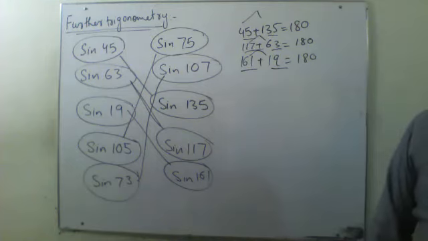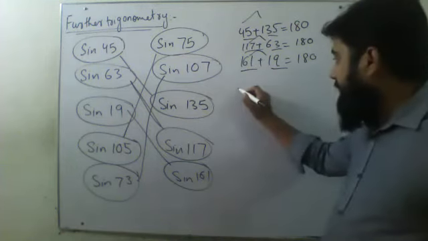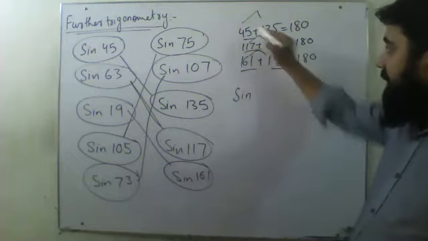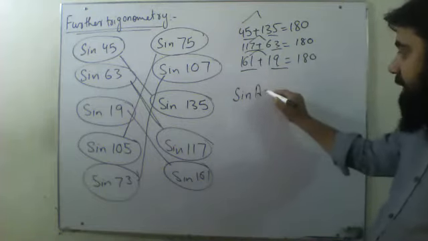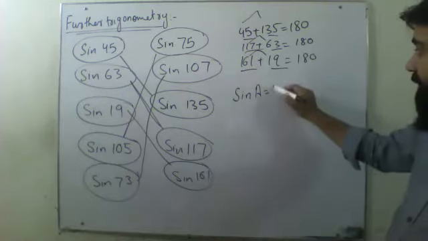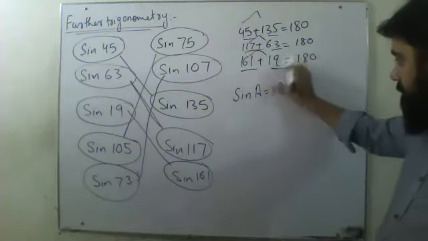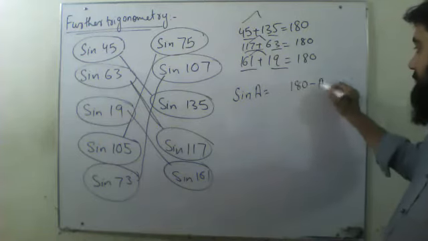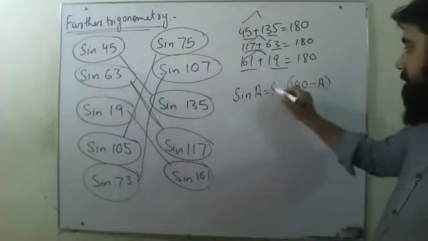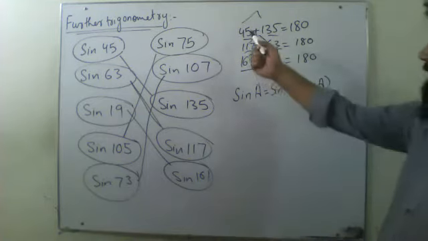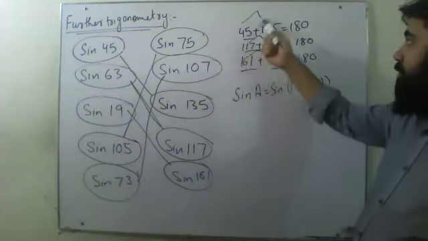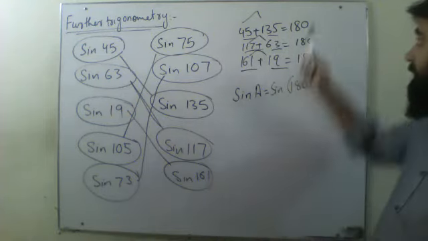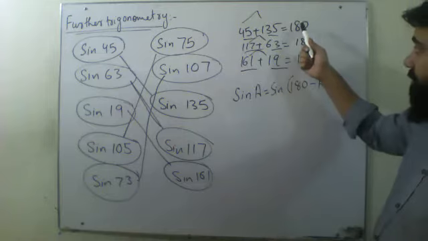It means that we can write it in this way. For instance, if I am taking the first angle as A, then what will be the second one? 180 minus A. If I am saying this one is A, and I don't know the next one, but I know that those are supplementary angles, so I will subtract from 180.